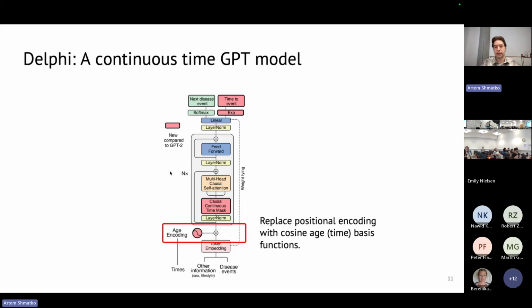For us, these are years. Like the disease that happened at the age of 10, or the disease that happened at the age of 26.3, and so on. And to account for these, we introduce the continuous age encoding that is summed with the disease embeddings instead of the positional encoding in the vanilla transformer model.